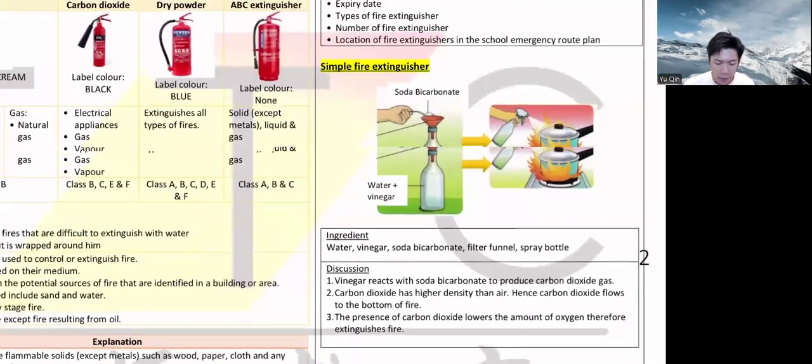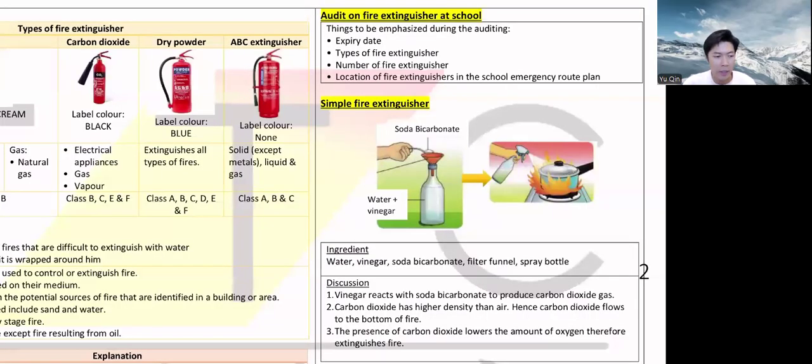Okay, then we have DIY fire extinguisher. So like in Form 3, you'll have this last question. You need to do some drawing, some creativity, modification. Probably this will be the part that asks you to modify or produce a simple fire extinguisher from given ingredients.